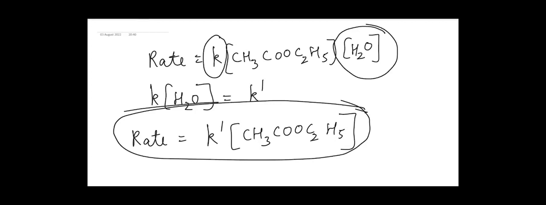So now this has become a first order reaction where only the concentration of ester changes. So now this can occupy the place of A, which we used to derive the previous relations.